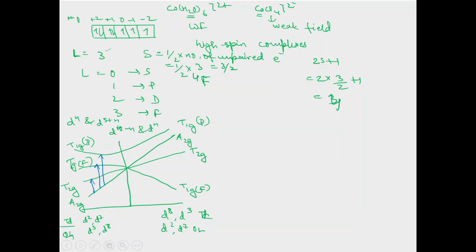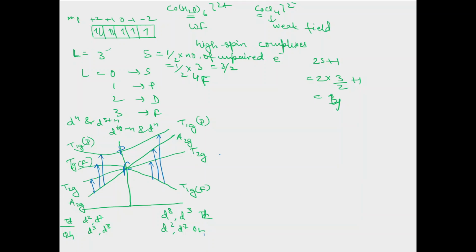And for the d8 d3 tetrahedral system and d2 d7 octahedral system, we will get the transitions T1g F to T2g, T1g F to A2g, and T1g F to T1g P. Okay, so now in this case, here I will write: this is generating from F and this is coming from P.